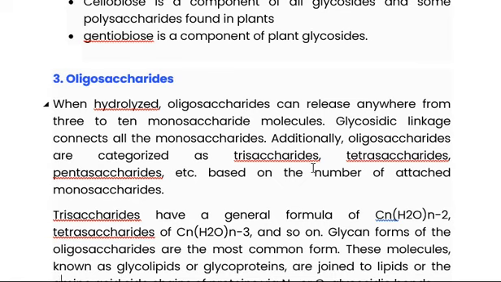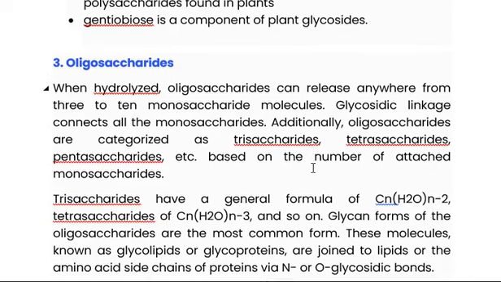Additionally, oligosaccharides are categorized as trisaccharides, tetrasaccharides, pentasaccharides, etc., based on the number of attached monosaccharides.